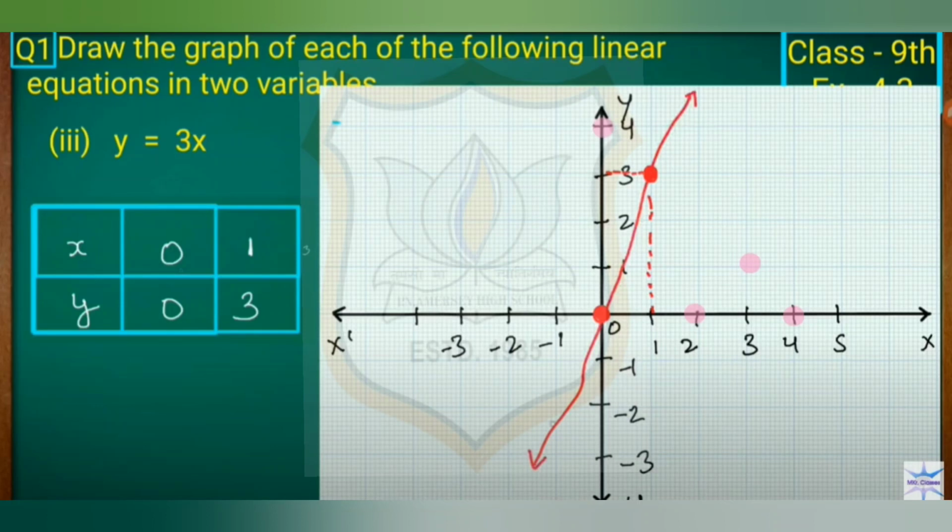On the x-axis we have 1, on the y-axis we have 3. So I get 2 points here. Now I connect both points, and I get a line which connects these 2 points, and so I get y equals 3x.